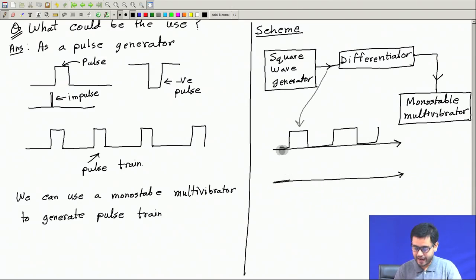So, a flat horizontal line has derivative 0. Here you will get a positive pulse, because this voltage is increasing, and then here again it will become 0, because here it is flat. Then there is a decreasing slope, very high. So, you will get a negative pulse or maybe impulse, you can call it, and then again 0, and then like this.